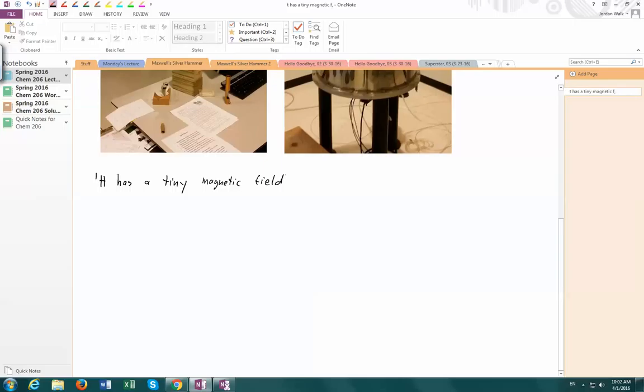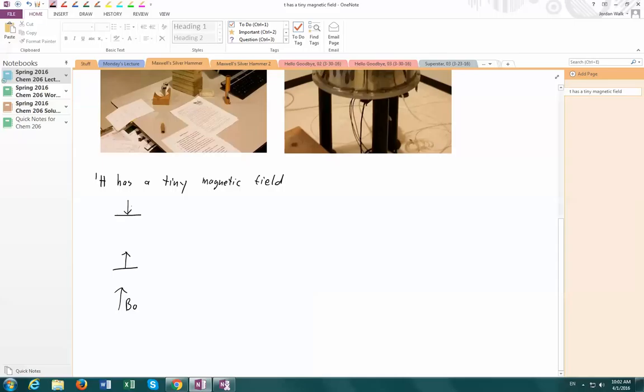And so what happens is if we apply an external magnetic field to our given sample, our little nuclei that have their own little magnetic fields are going to either align with it or against it. So we'll see that some are going to align themselves with the magnetic field, and some are going to align themselves against the magnetic field.